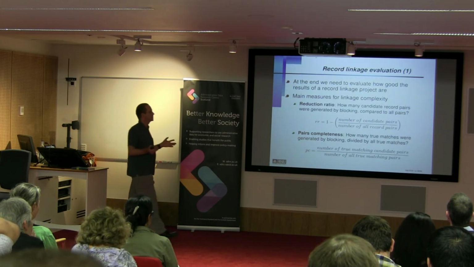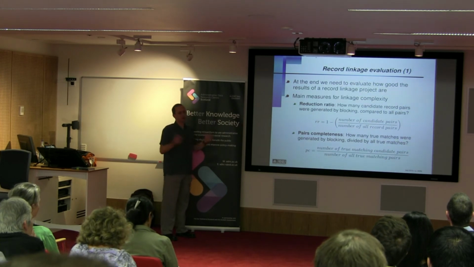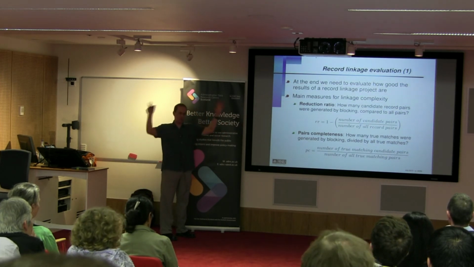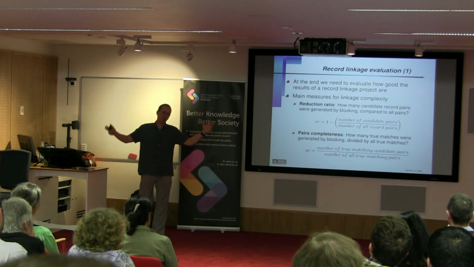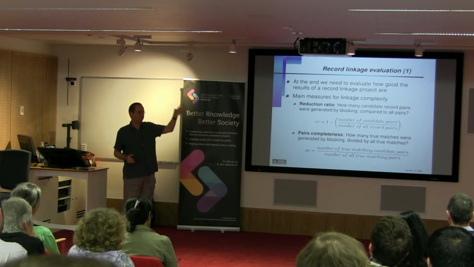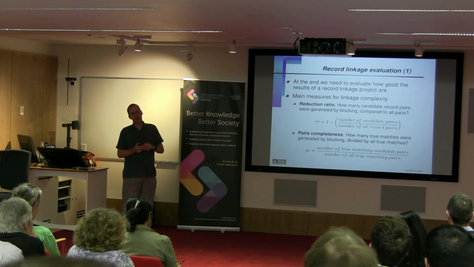This assumes we have done blocking, and reduction ratio measures how much of the full 5 trillion before, remember the example, how many of these complete quadratic comparisons have we actually done.